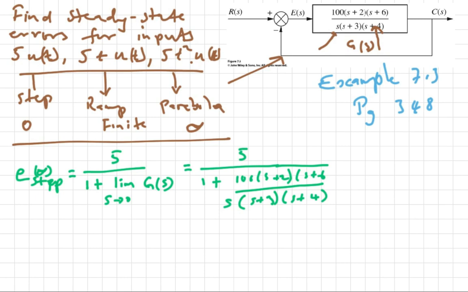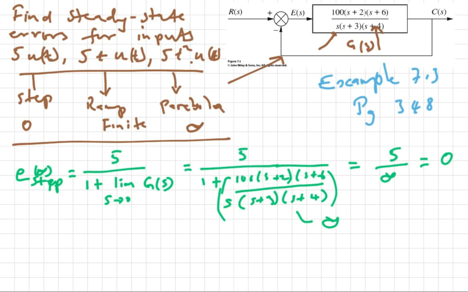You can see that because s is 0 here, the denominator is 0, so this function is actually infinity. So this will give us 5 over infinity, which is equals to 0. So we have a steady state error for the step to be 0.